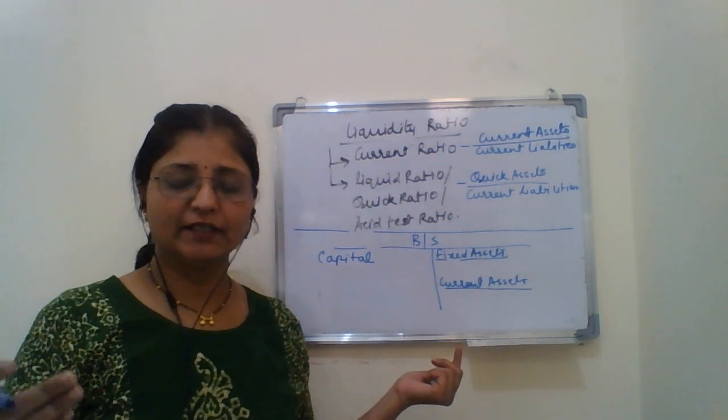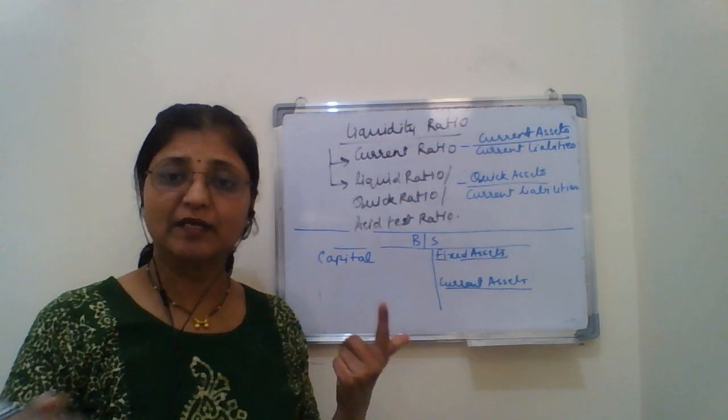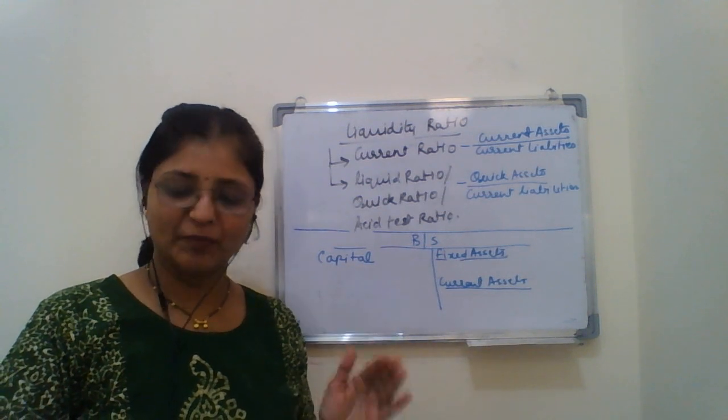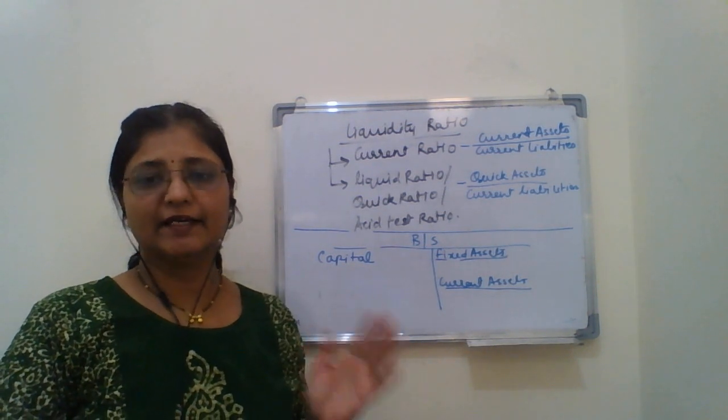So we'll read the book definition. Current liabilities are the liabilities repayable within 12 months from the date of balance sheet or within the operating cycle. They are shown under the head current liabilities in the balance sheet.